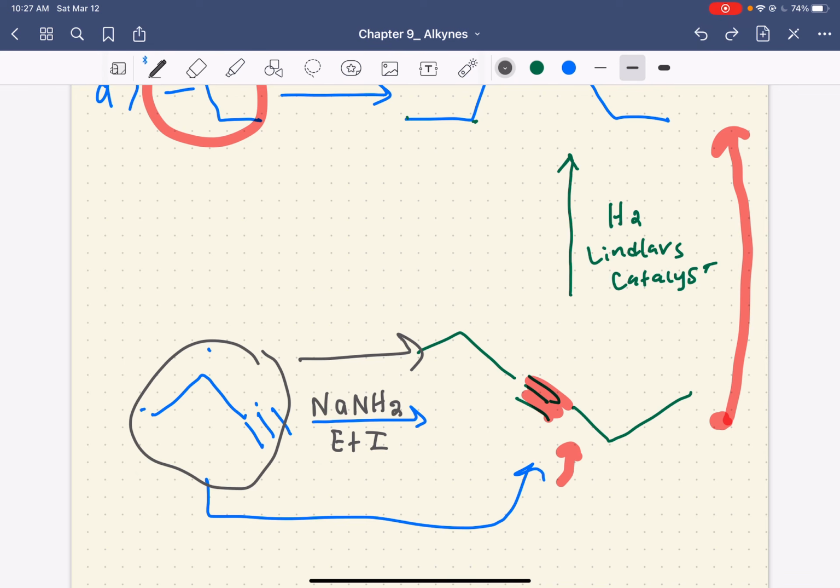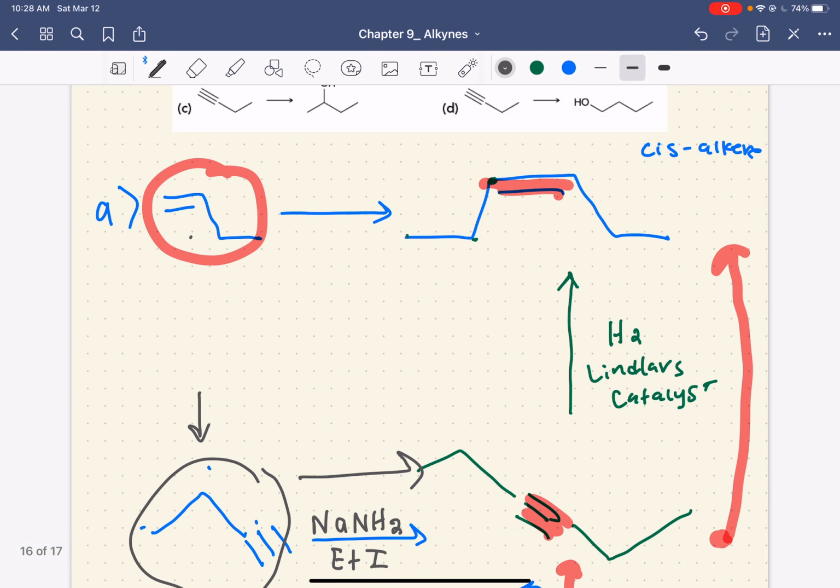Now the problem is, how did we get to this molecule to begin with? That's a good question to ask. Well, how did we learn to prepare alkynes? We had some form of dihalides.